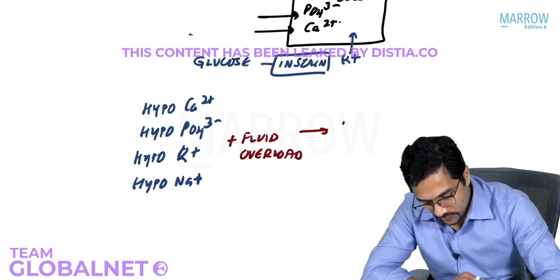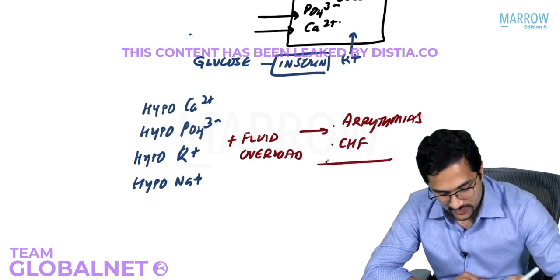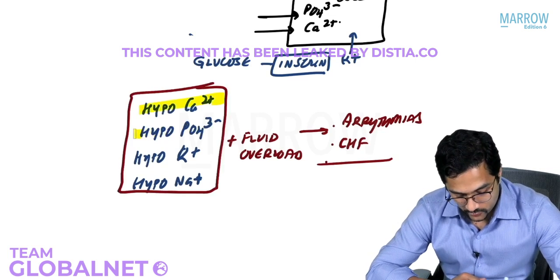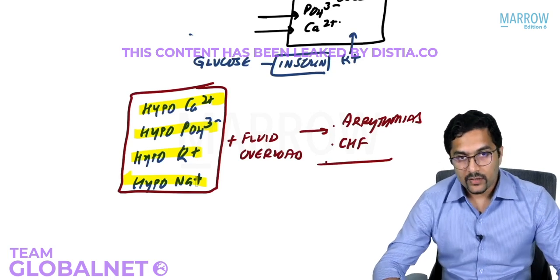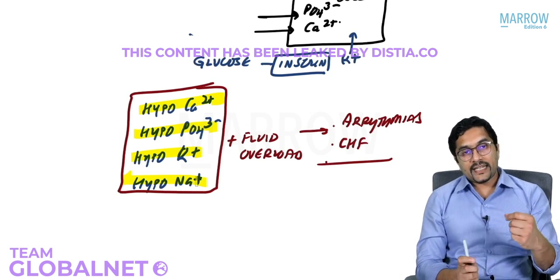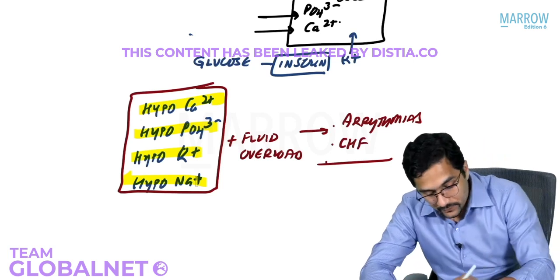This can give rise to arrhythmias and congestive heart failure. And these are the metabolic abnormalities seen in refeeding syndrome, which has been asked many times in the exam. So I've told you how refeeding syndrome develops. I've told you in slight detail because this is also asked as a short note in your college exams.